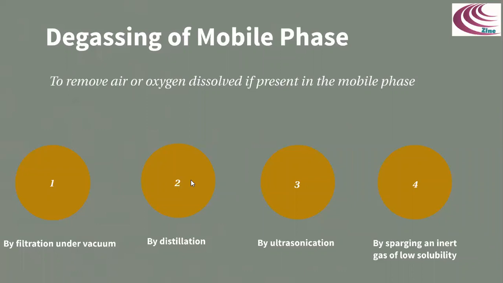Along with the degassing system, an HPLC instrument also contains a means of filtering dust and particulate matter from the mobile phase. So be clear in what way degassing of the mobile phase removes dissolved air and oxygen, if at all present, and improves the efficiency of our separation.